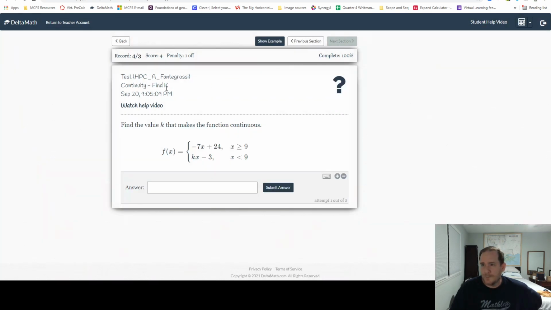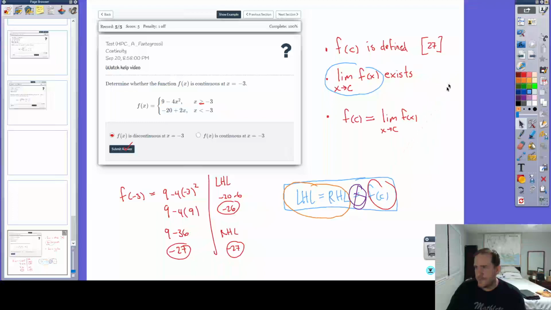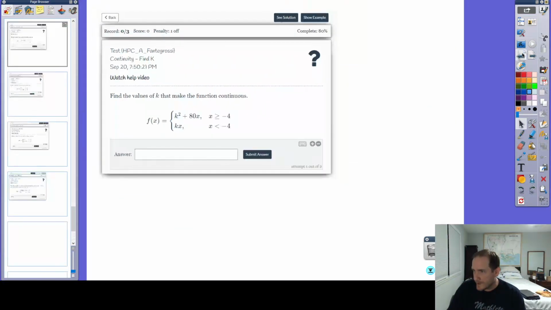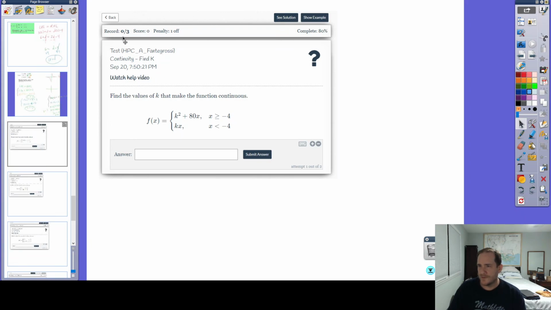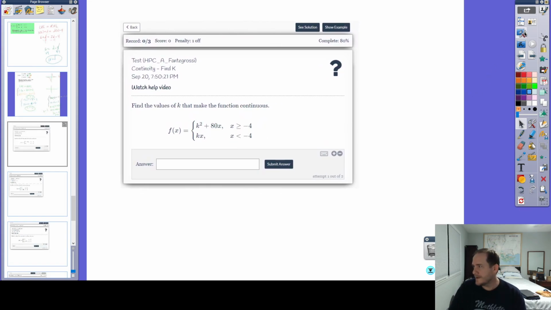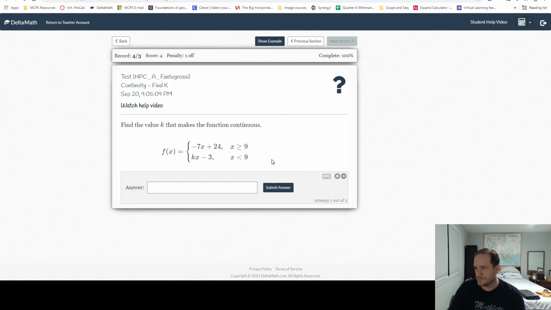So now we get to the find K part. These I'm definitely going to go through with you. There's one in particular that I'm kind of waiting for to come up for sure. Notice this is the first one I got for find K back when I was still at 0 out of 3. It gave me this problem. And notice I'm getting a different one now.